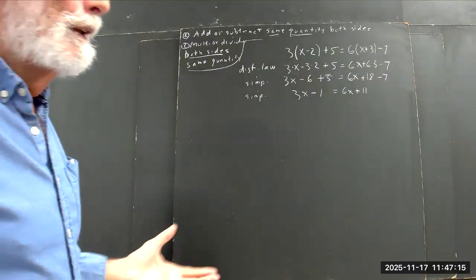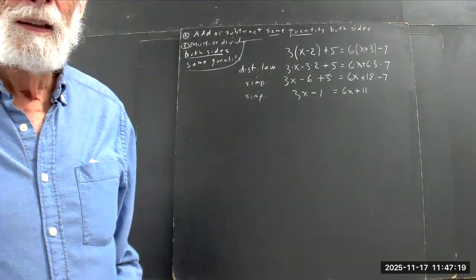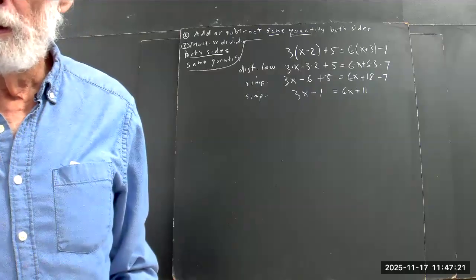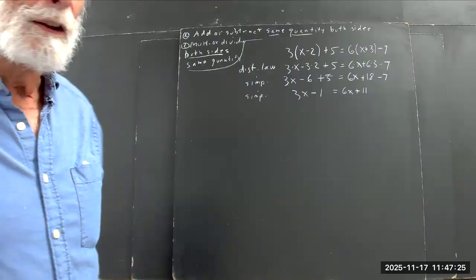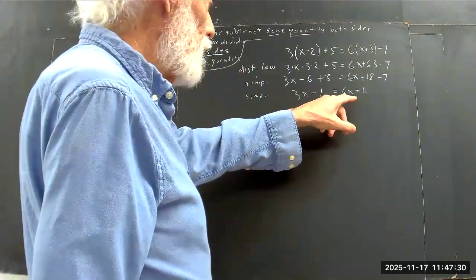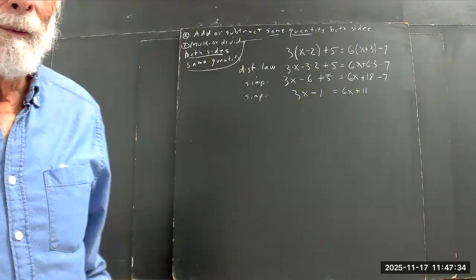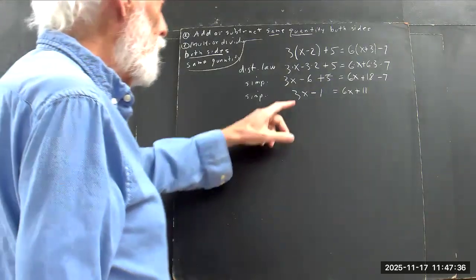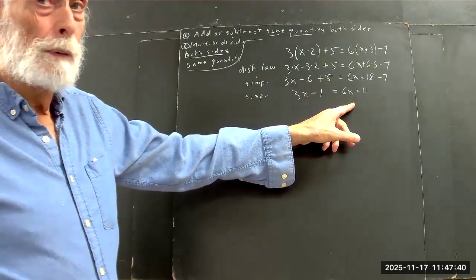Now we have an equation. It's really simple. And all you have to do is add 1 to both sides, subtract 6 from both sides, and do a little division. Now, if I'd given you this equation originally, I'm pretty sure everybody would have gotten it right.